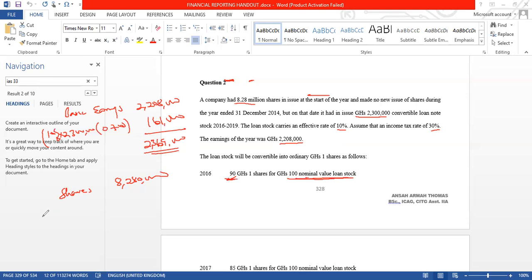So this is the value of the loan stock. Here you are. So 100 nominal value of loan stock would mean 2.300 and the maximum. It's as simple.